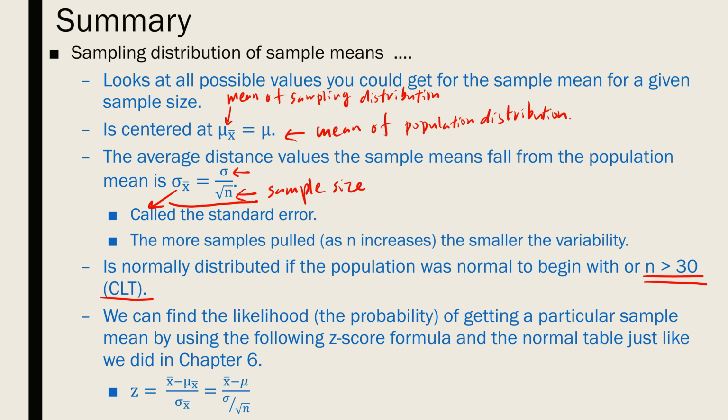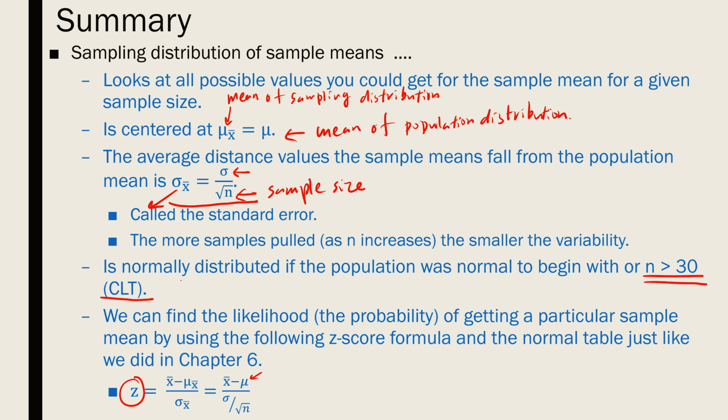We can find the likelihood or the probability of getting a particular sample mean by using the following z-score formula and the normal table, just like we did in Chapter 6. So please pay attention to the similarity to the z-score we learned in Chapter 6. Here, again, mu x bar is the mean of the sampling distribution. In Chapter 6, the mu is the mean of the population distribution.